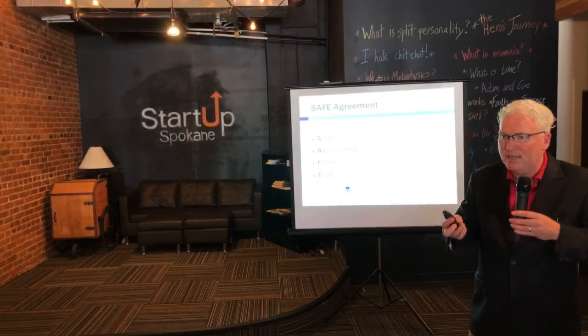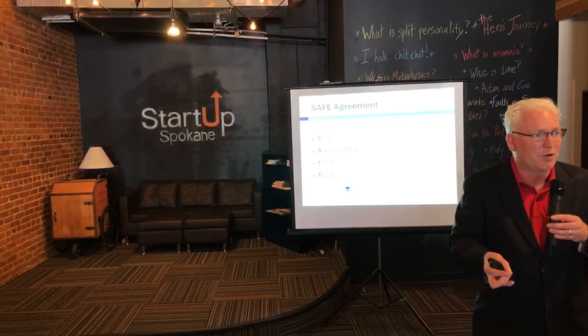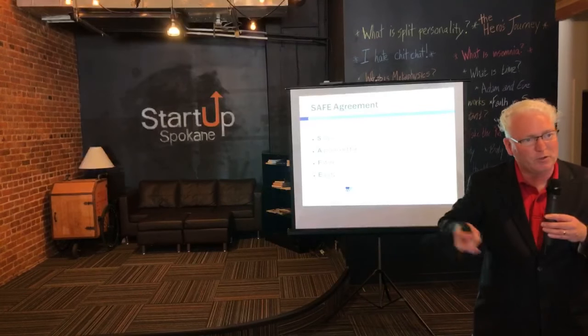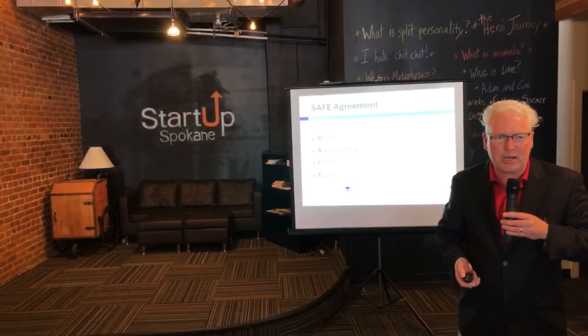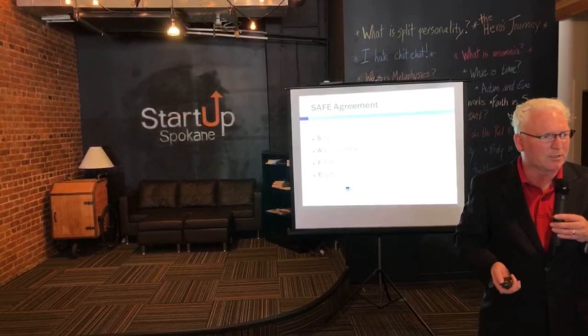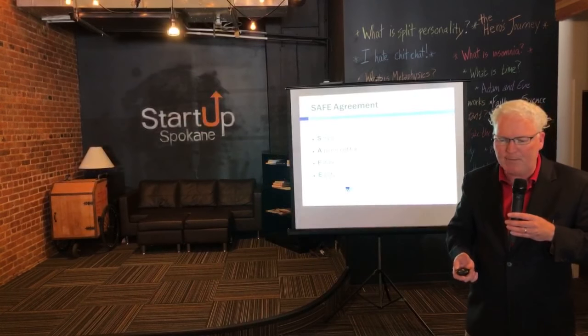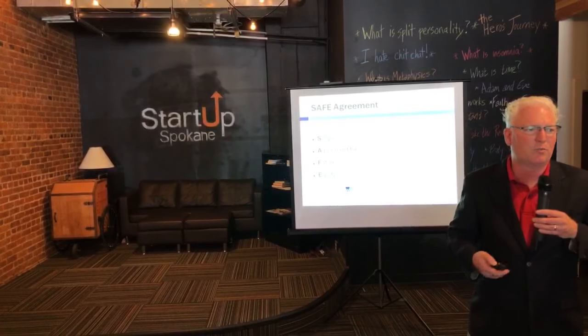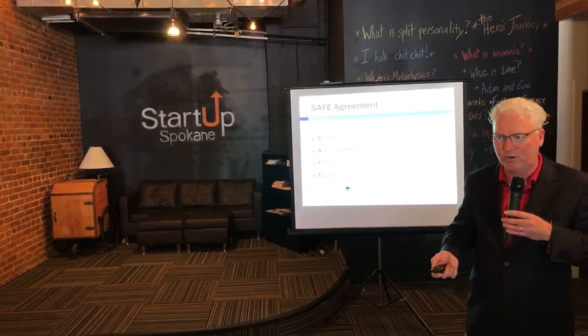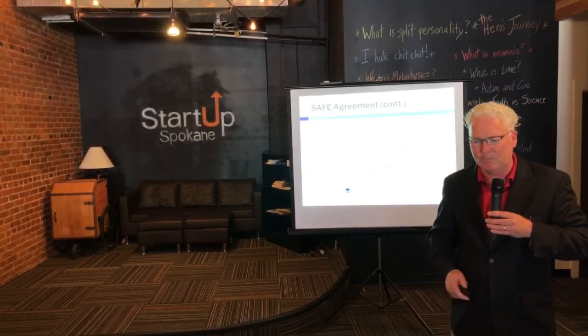It's expensive to pay a lawyer to draft those documents and negotiate them with the lawyer on the other side. As a result, the SAFE agreement was created by, I think, Y Combinator down in Silicon Valley as an accelerator that came up with a mechanism that makes it easy for startups to raise money without having to pay a whole bunch of money to lawyers.